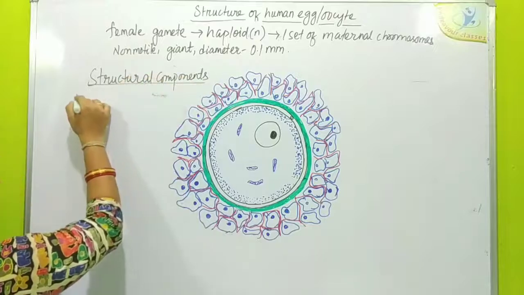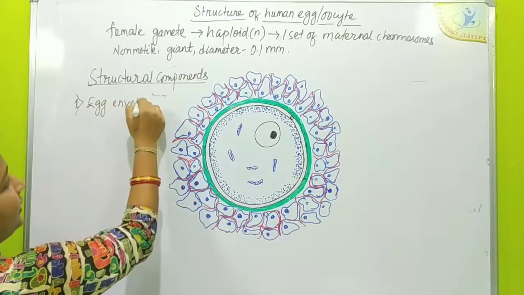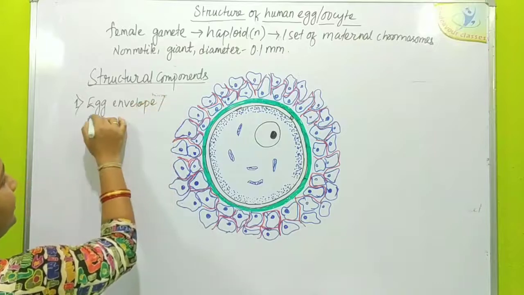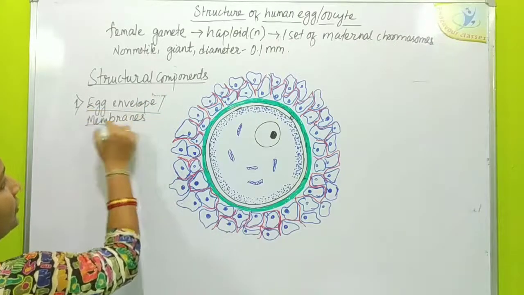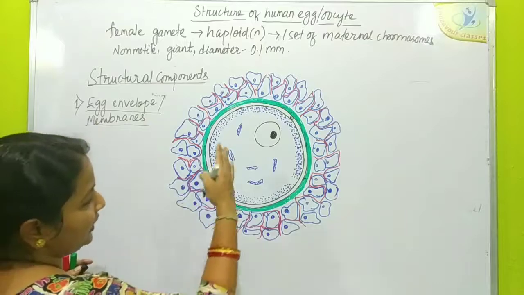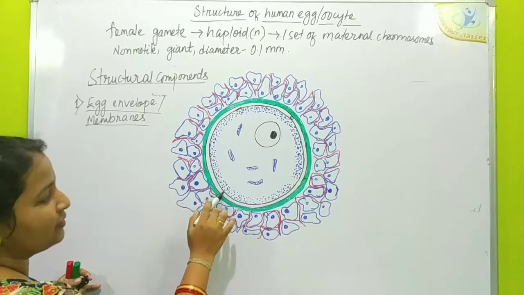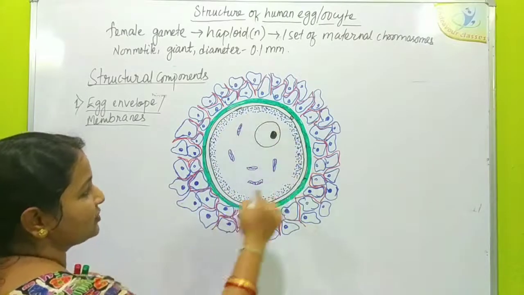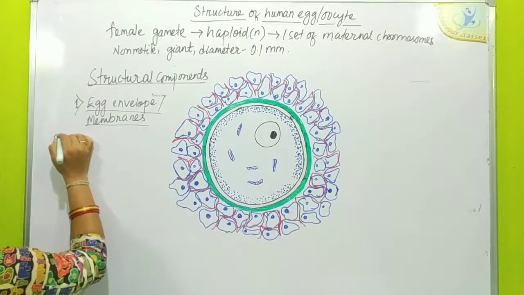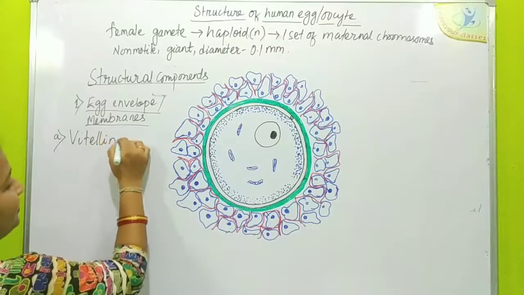First we'll move to the egg membranes, or egg envelope. We'll move from inner to outer. The first membrane which envelopes or forms the boundary of the cytoplasm is the vitelline membrane, or it is the plasma membrane of the egg.